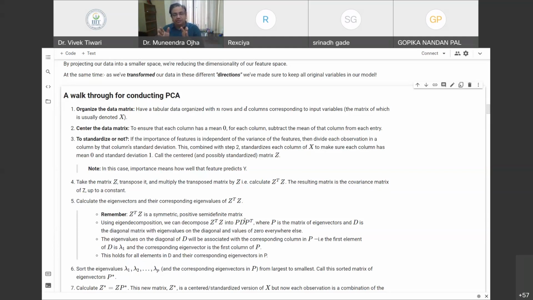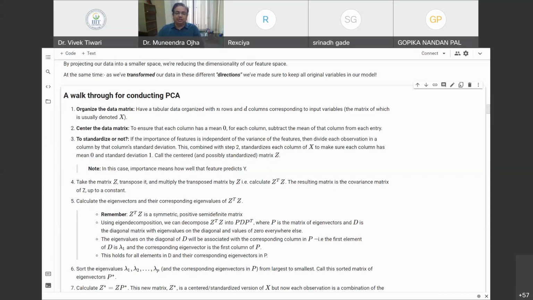Now, if we have these two matrices, we take P and sort the columns, because every column is an eigenvector. Depending upon the magnitude of the eigenvalue, eigenvalues could be larger, smaller, smaller. So we sort these eigenvalues in decreasing order of their magnitude, and we sort the columns of P as well.